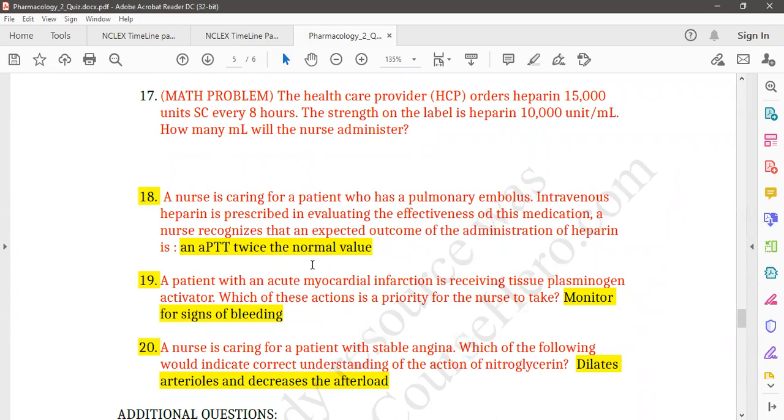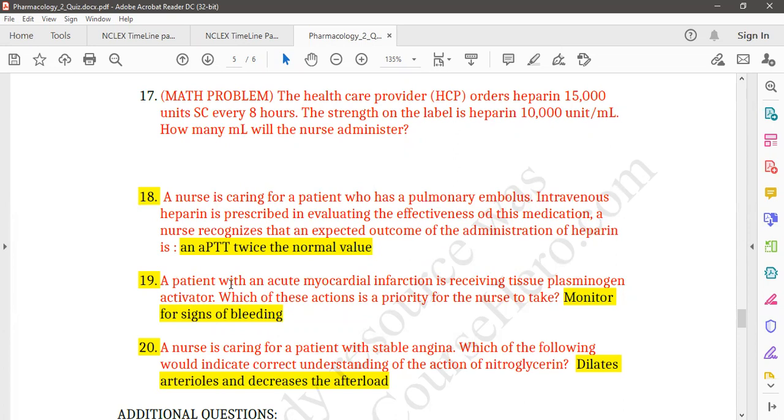It indicates the expected outcome. It is normal for a patient who is undergoing anticoagulant therapy like heparin.